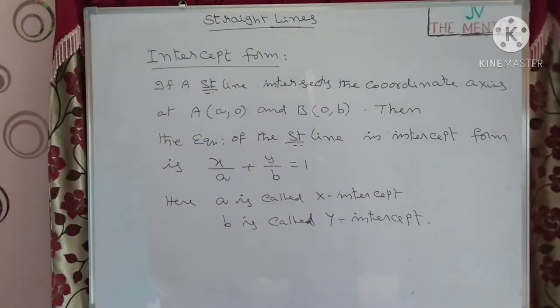Write down. This is the intercept form of the straight line. Next we will do one example.